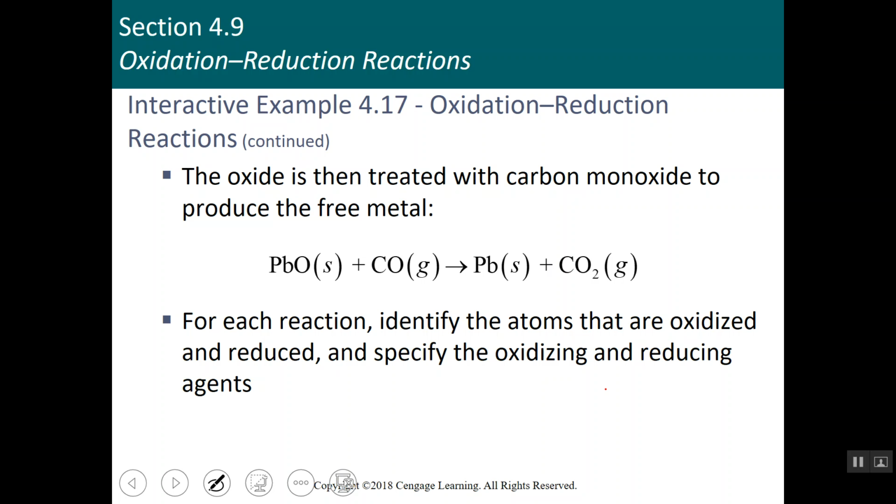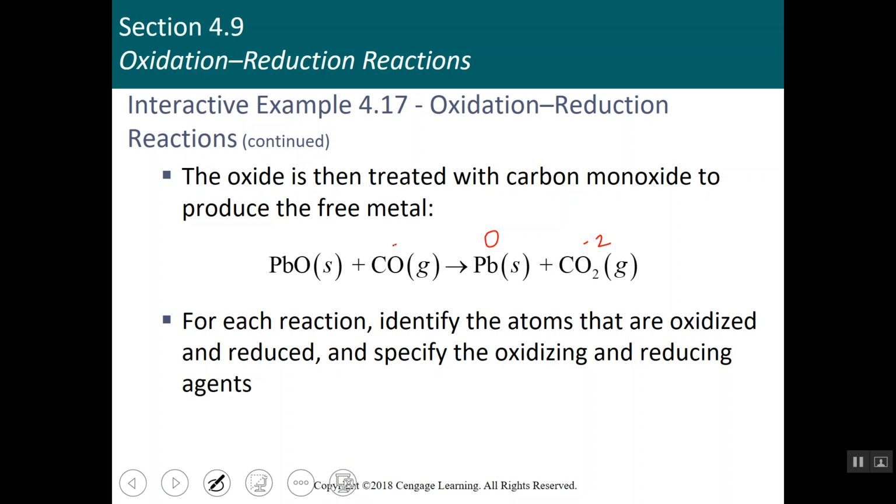The second step of this process, we take that lead oxide and we treat it with carbon monoxide to produce lead metal and carbon dioxide. And so again, we're going to identify the atoms that are oxidized and reduced and specify the oxidizing and reducing agents. And we're going to go back and do that on the slide prior as well. Remember, if it's in its elemental state, it's 0.